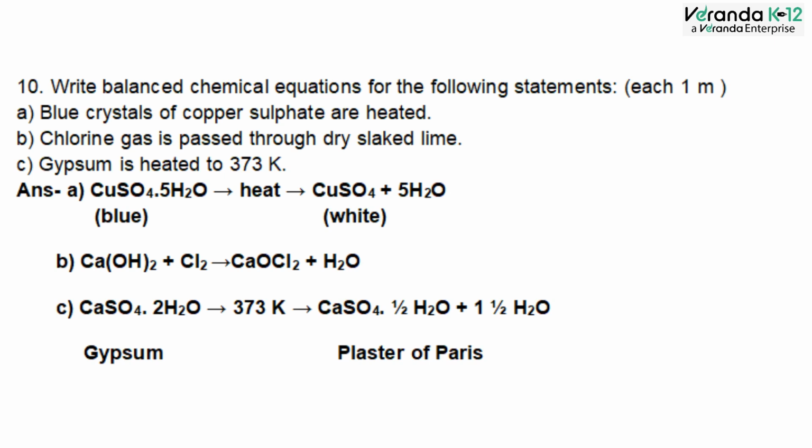Answer is Ca(OH)2 plus Cl2 arrow CaOCl2 plus H2O. Question C. Gypsum is heated to 373 Kelvin. Answer is CaSO4.2H2O. Gypsum heated at 373 K forms CaSO4.1/2H2O, which is plaster of Paris, plus 1.5 H2O.